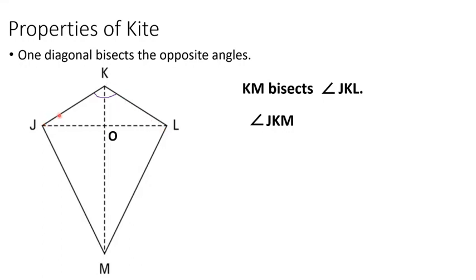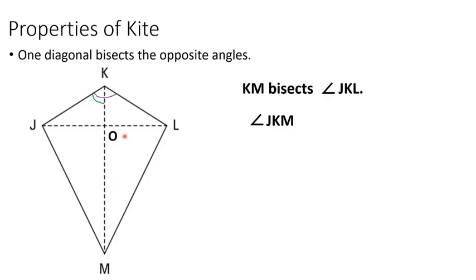So nung hinati yung JKL na angle, nakapag-produce tayo ng dalawang angle. And those angles are, the first one is JKM. So ito po yung JKM. Yan po yung JKM.